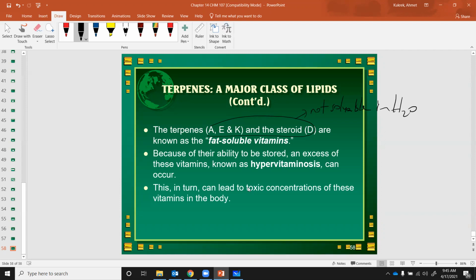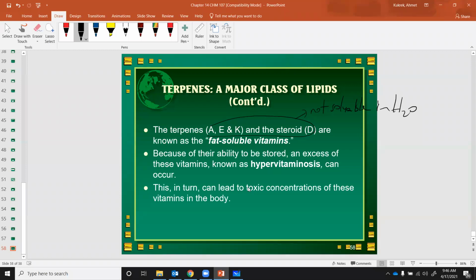Our body is 95% water, maybe 99, right? If it's soluble in water, then you can actually get rid of it. It's not going to stay in your body. But because they are not soluble in water, if you take too much vitamin, they're going to be stored in your body.